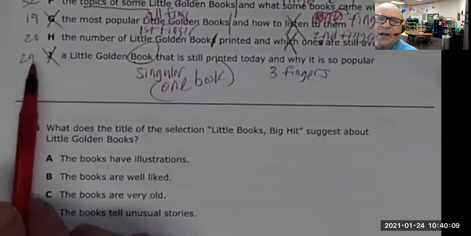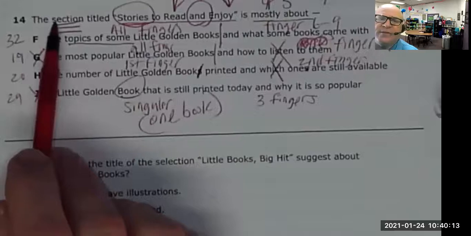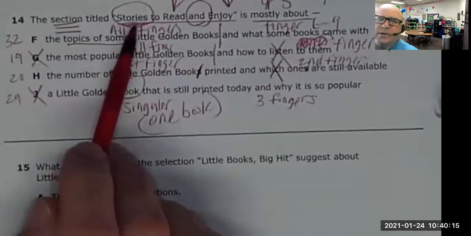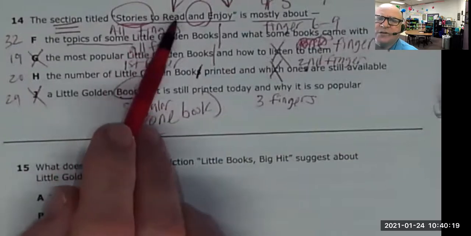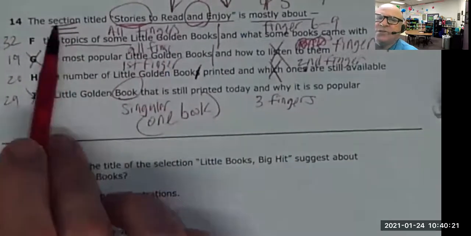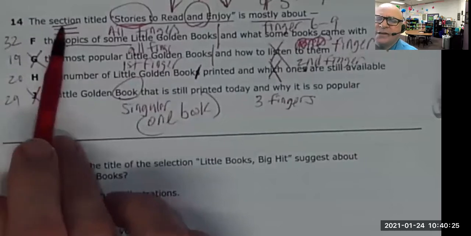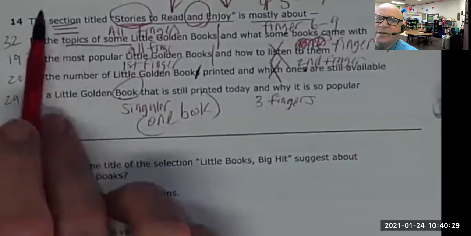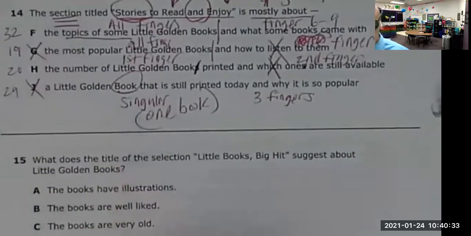Almost 1 out of 3 kids said, I'm only going to read the paragraph in that section called Stories to Read and Enjoy. Well, just missing one word threw your kids off. Section means more than one paragraph, so we have to be careful to look at the words.